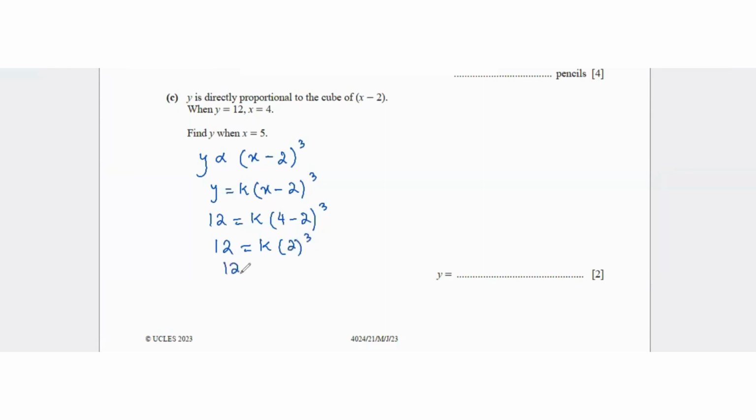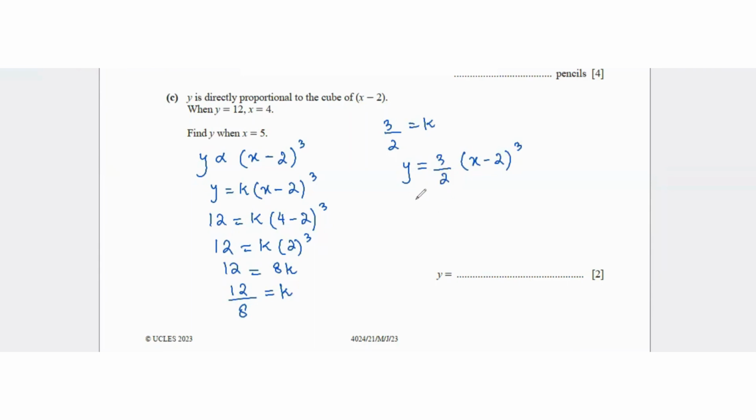This is going to be 8k over here, and 12 over 8 equals 3 over 2 is the value of k. Substitute that into the equation, so y equals 3 over 2 times x minus 2 cubed.